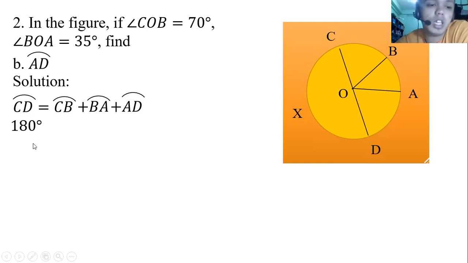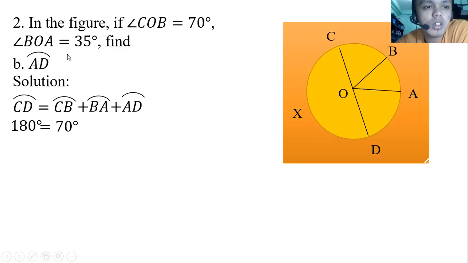Yung kalahati, 180 degrees. Then, yung arc CB natin, this one. Ano yung measure niya? Given that yung angle COB natin 70 degrees, therefore, yung CB natin is also 70 degrees, arc CB. Next, BA naman, ito, arc BA. What is the measure of arc BA?